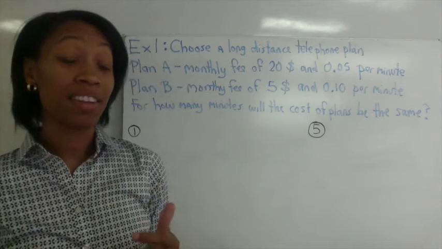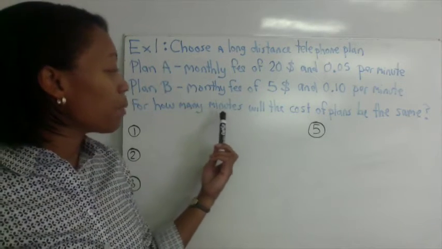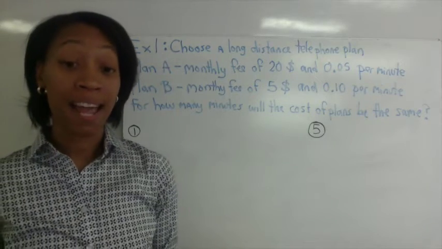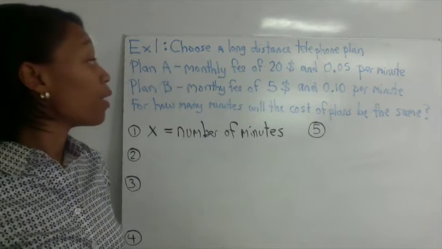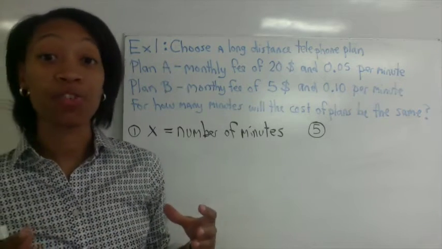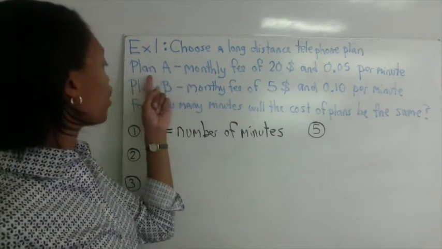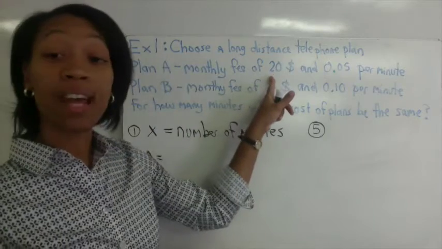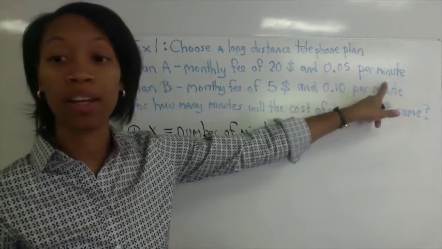So now the next step is to define my variables. Since they're asking me how many minutes will be the same, let's let X be the number of minutes. Okay, so now the second step is for me to write an expression that describes the other situations in the problem. So I'm going to have an expression here for plan A. It's going to have $20, and then I need 0.5 cents per minute.